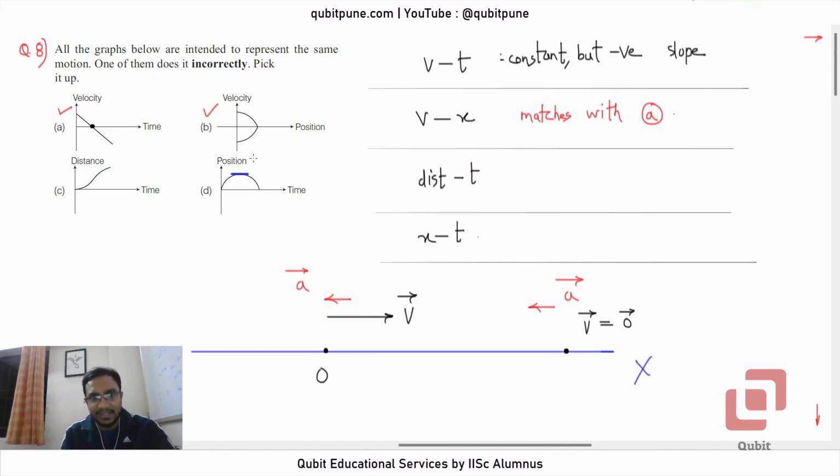And the slope of the xt curve is velocity, right? So this matches with A. So the only thing that doesn't match is C. So C is not right.